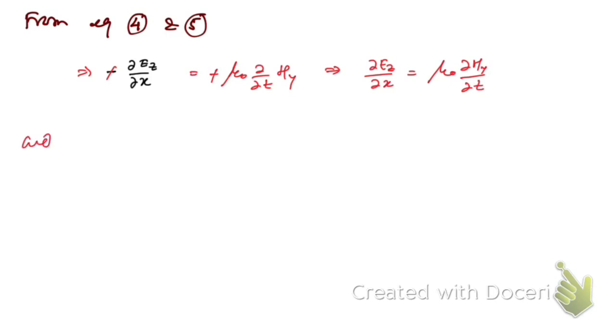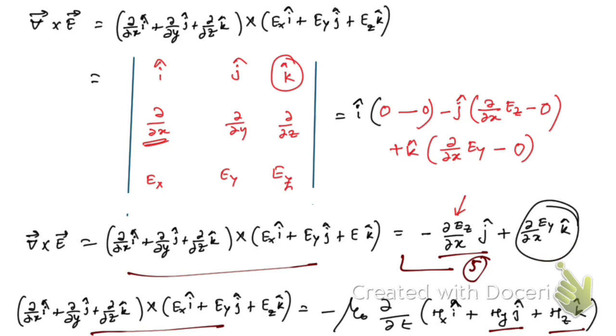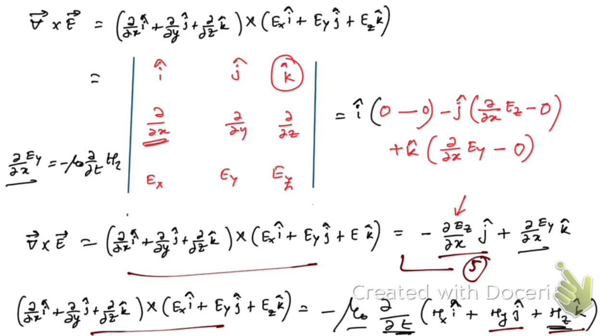And if you compare this one with k cap with k cap, then this one is equal to mu naught del del t of Hz. So we're going to have del Ey by del x is equal to minus mu naught del del t of Hz.